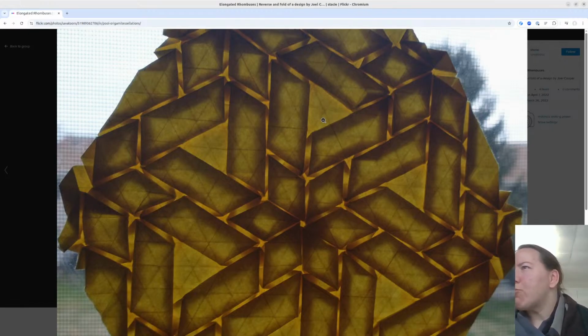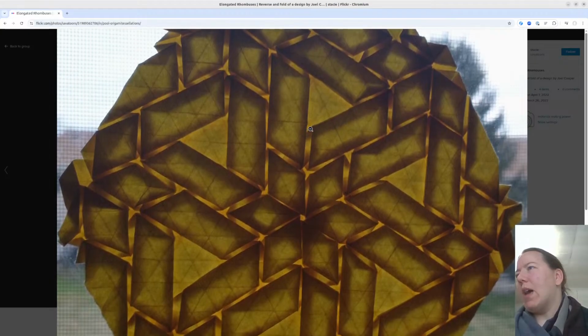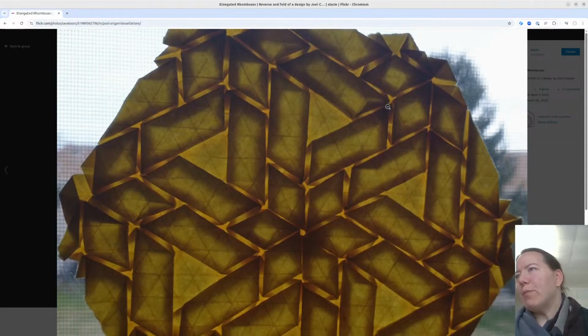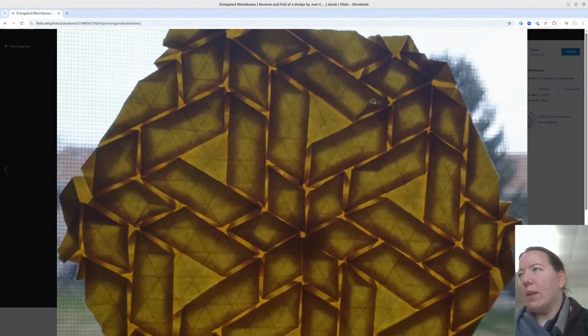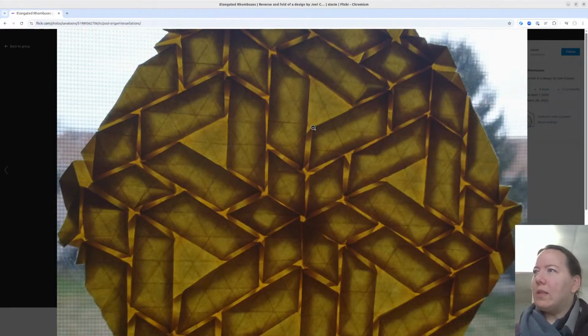One of the reasons I can say that is because this pleat is coming down off of that corner, which means that the mountain and the valley fold for this edge are 2 spaces away, so that's the double depth edge. And so let's try and construct this.